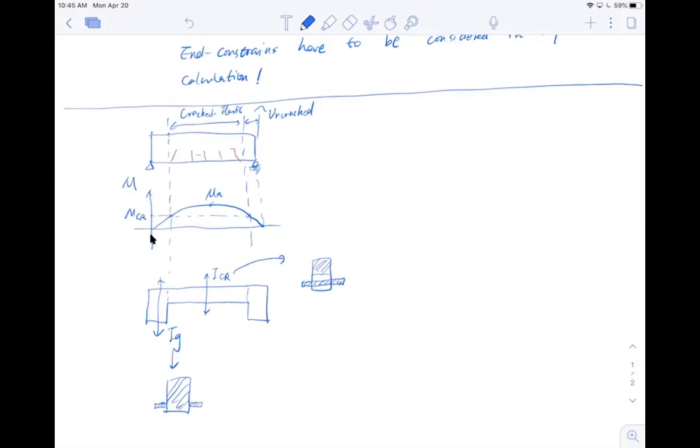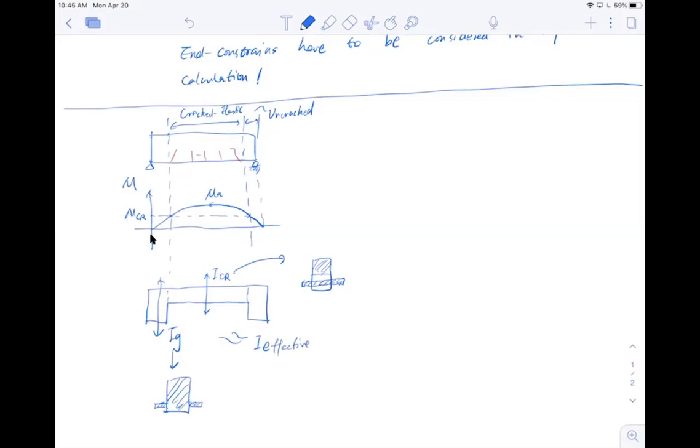Okay, so this is I crack, right? What does it mean? It means I cannot take only one moment of inertia to calculate the deflection. What I need to do is find an equivalent moment of inertia, i.e. effective.